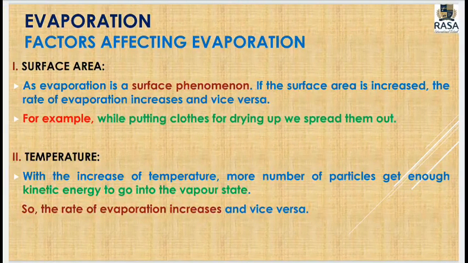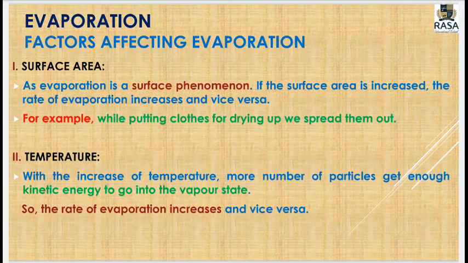The first factor is surface area. As evaporation is a surface phenomenon, if the surface area is increased, then the rate of evaporation will also increase. And vice versa, if the surface area of the liquid decreases, then the rate of evaporation will also decrease.